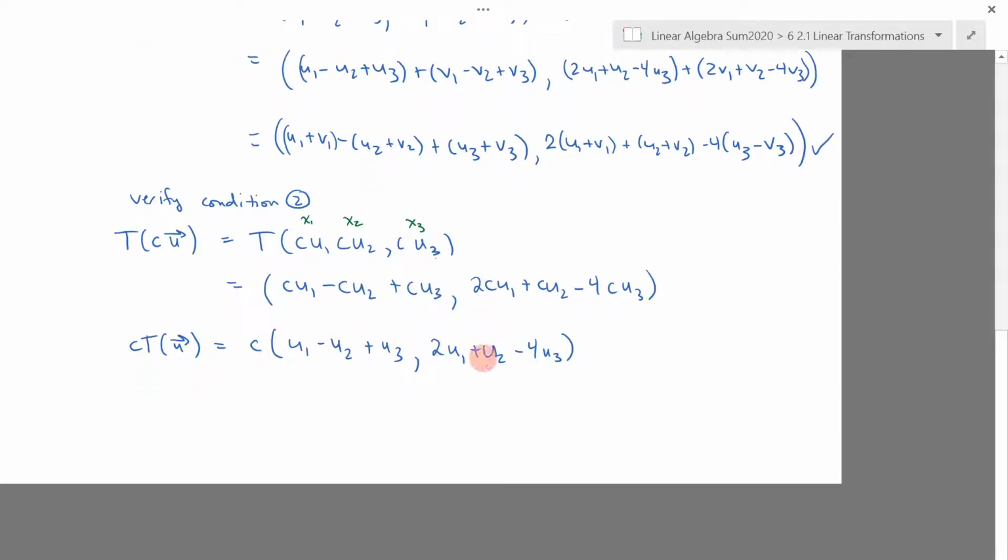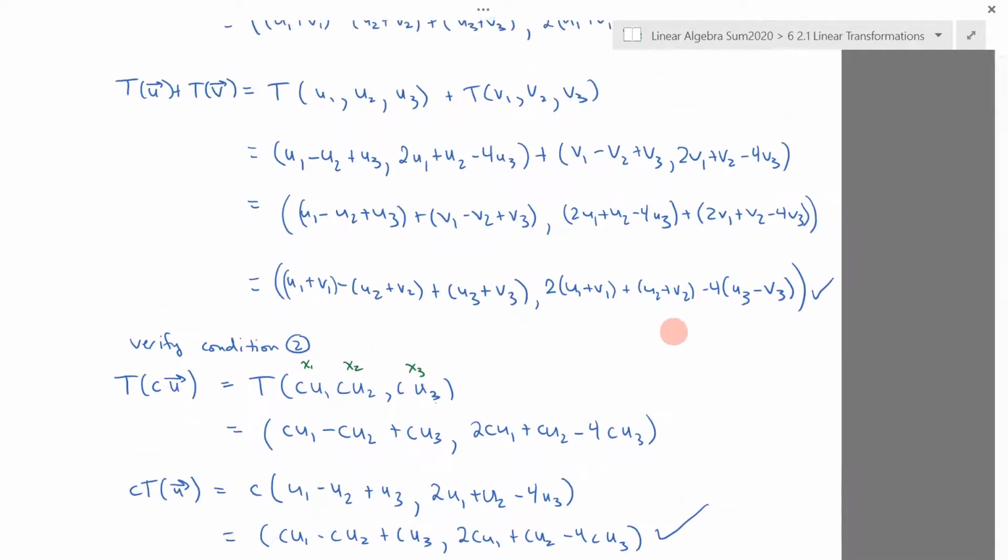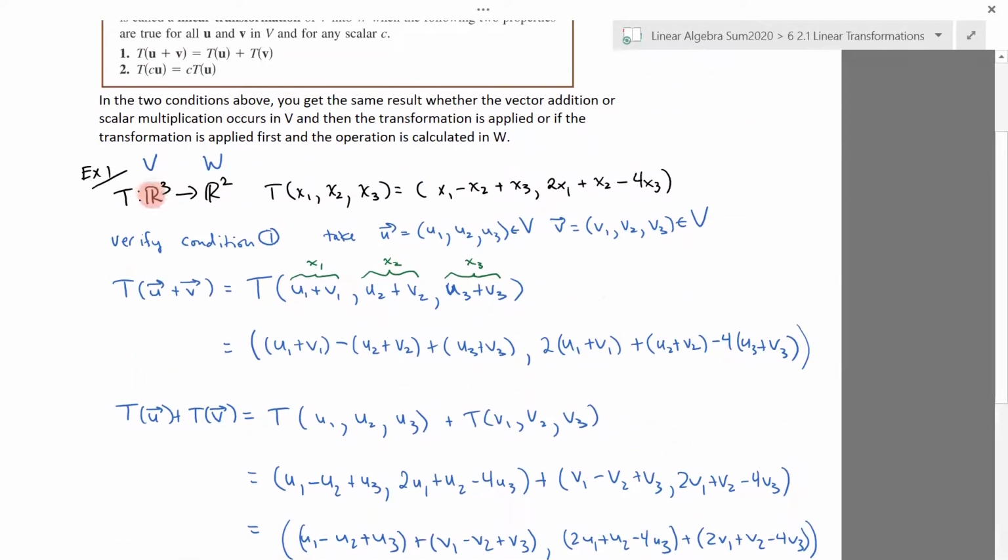And then scalar multiplication just means you distribute it, right? So CU1 minus CU2 plus CU3, comma, 2CU1 plus CU2 minus 4CU3. And then you can see again that these two things are the same. Okay, so this shows that this is a linear transformation.